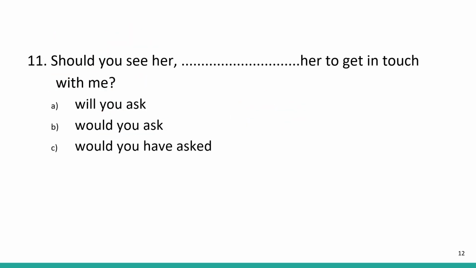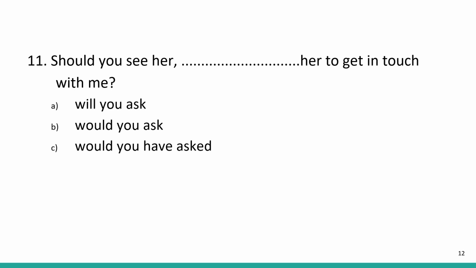Now here we have question number 11. Should you see her, dash her to get in touch with me? Now look at this sentence carefully. Here we have a modal in both the clauses, in both the parts of the sentence.